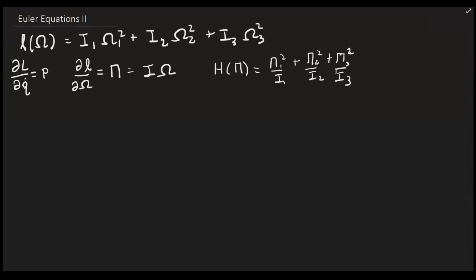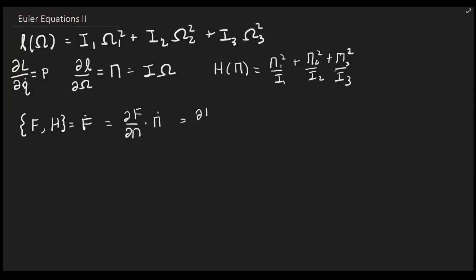Okay, how we're going to do that is first recall what we really want the Poisson bracket to satisfy is this. So we're just going to calculate what F dot is and then see if we can shape that into a Poisson bracket. So F dot equals dF/dπ times π dot, just by the chain rule.